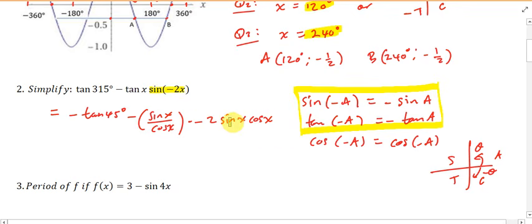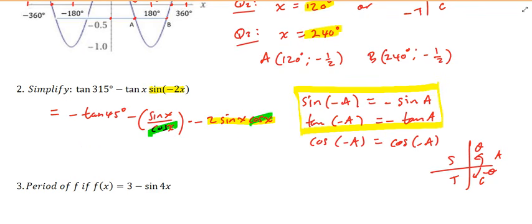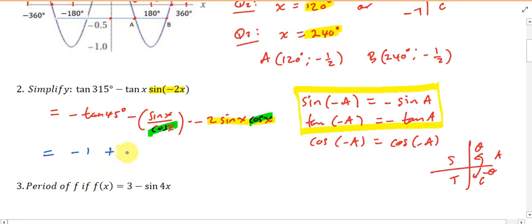Remember the expansion for this. Sine of a negative angle is negative, so you will be left with negative sine 2x, and then sine 2x is 2 sine x cos x. You can clearly see that the cos x and the cos x cancel out, and we are left with minus 1, negative and negative, which is plus 2, and sine times sine is sine squared x.